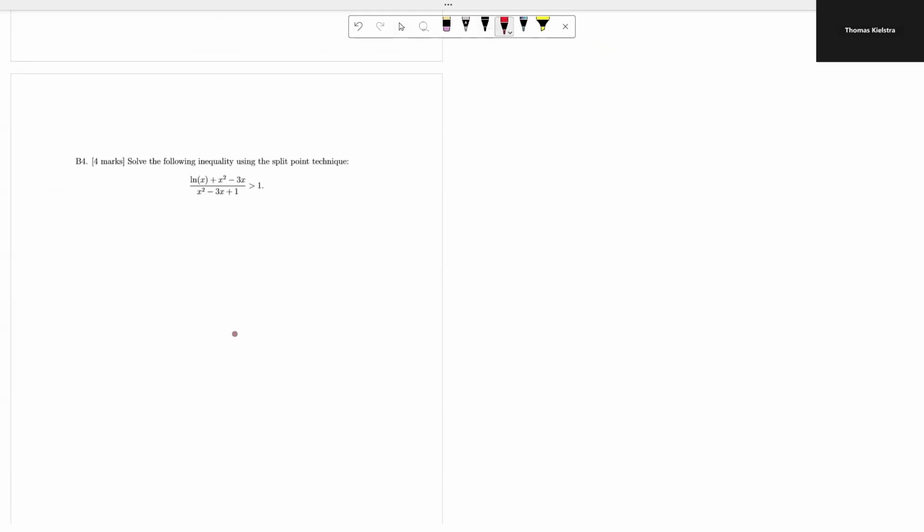Here we have a split point technique for inequality. And this one's a little bit more challenging than what we've seen before because we have this ln.